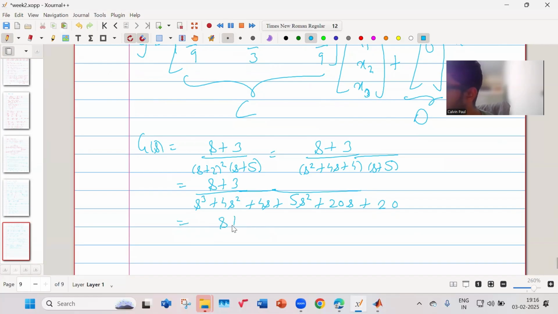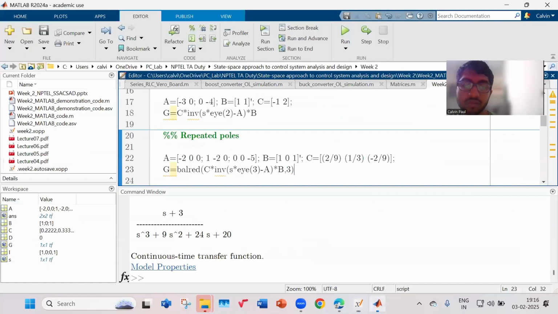So this is equal to s plus 3 upon s cube plus 9s square plus 24s plus 20. Okay, which is what we got over here. Thus, we can see they are equivalent.